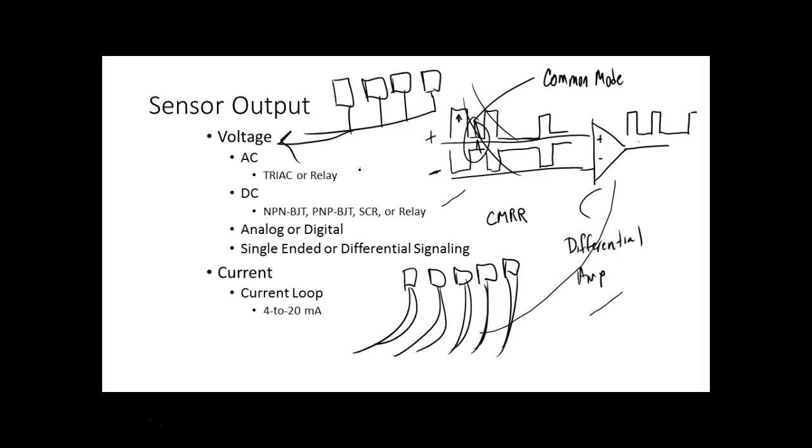Y'all know what we mean by shielded, right? Yes or no? So what we do is we'll take our two conductors and then we'll wrap them in metal braid. And that metal braid is called a shield. And what we'll do is we'll connect one end to the common.